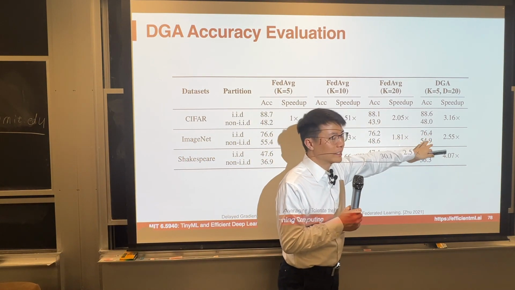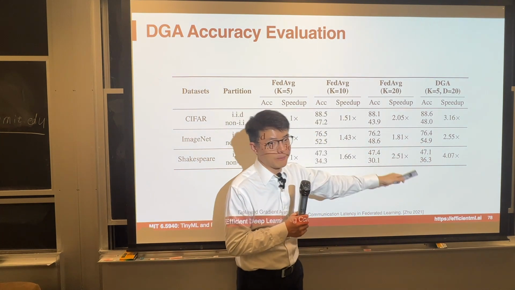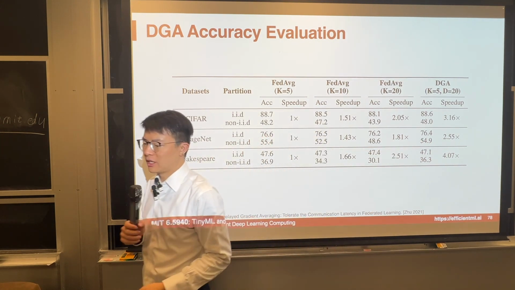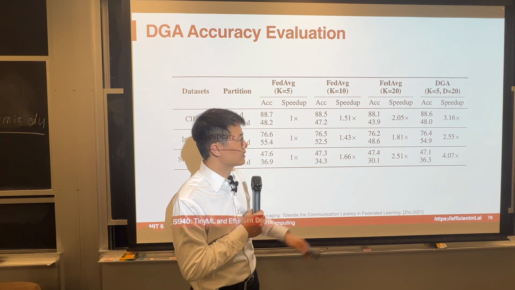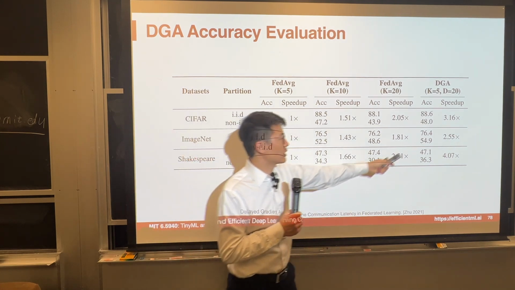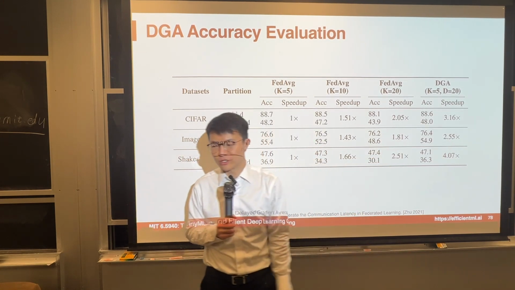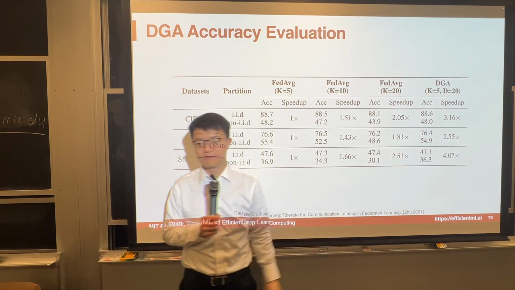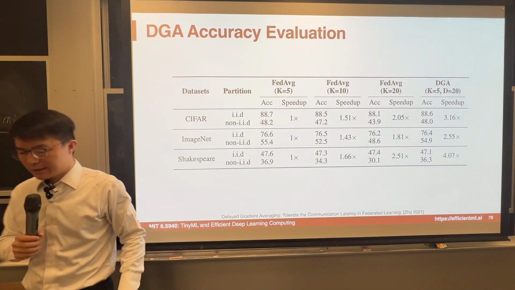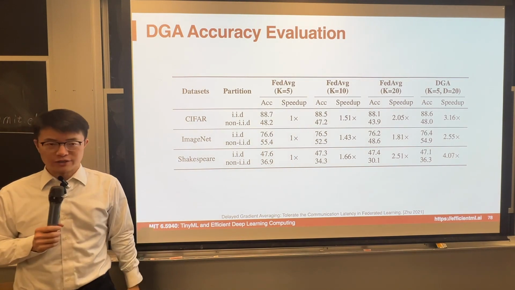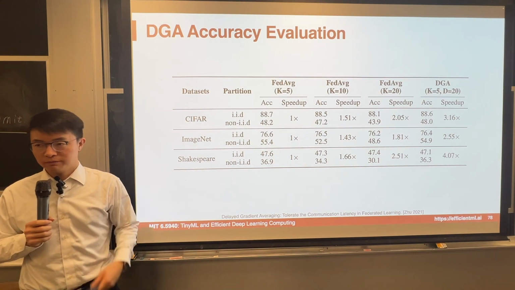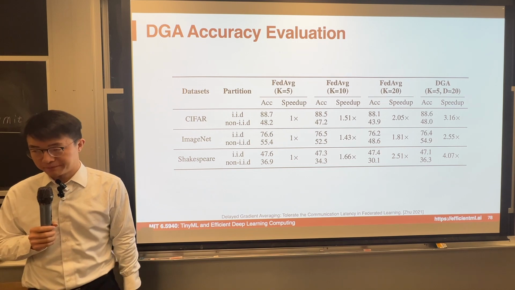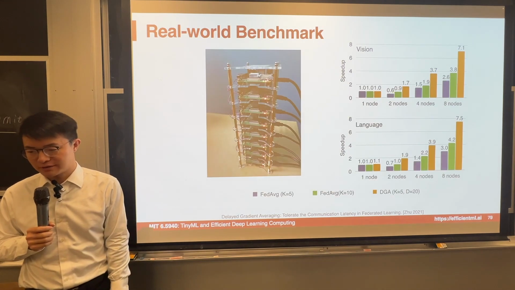The delayed gradient averaging approach can consistently have better speedup and even better accuracy compared with without it. Like here and here, the accuracy improvement is quite significant. So that enables us to do distributed training with low cost networking and with poor edge devices.